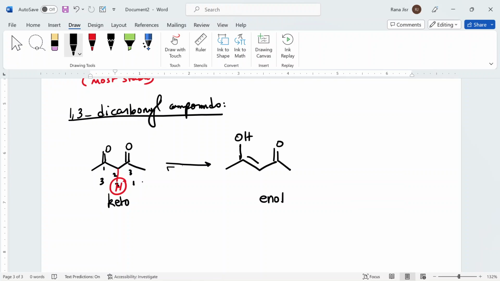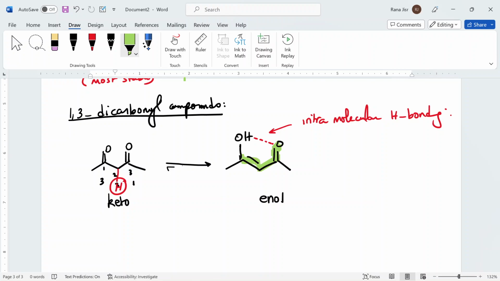The reason why it is more stable is because of the hydrogen bonding. It's an intramolecular hydrogen bonding. So you have two things going on: you have intramolecular hydrogen bonding, and you have conjugation.